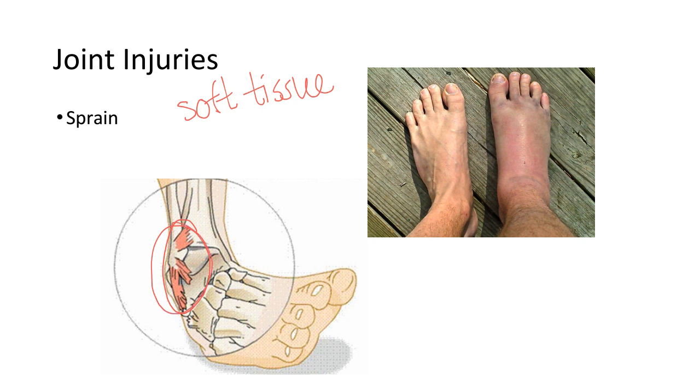You can see that happening here on the outside of the ankle. This is our most common sprain, an inversion sprain, and there's an overstretching of the ligaments there. It can possibly result in tearing of the ligaments, but hopefully does not. It can sometimes actually be more difficult to heal than a regular break of the bone because of the healing time involved in soft tissue injuries.